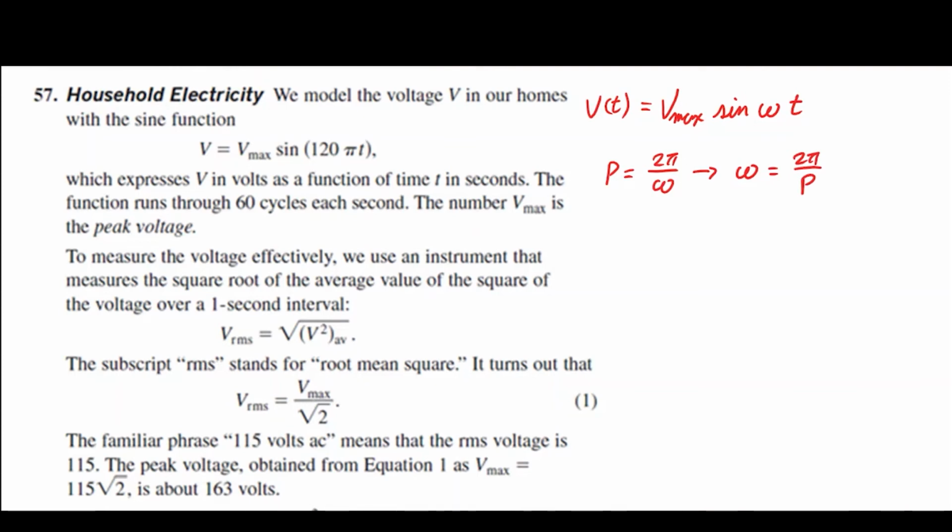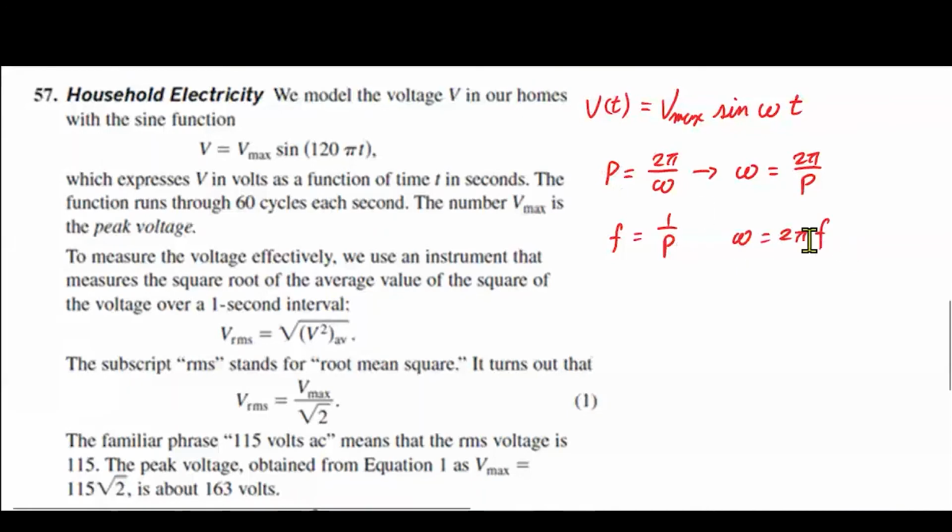Say yes. Now, let's see if you agree with this. Frequency meaning there are 60 cycles in 1 second. Therefore, the length of one cycle is 1/60 of a second. You get it? They are reciprocals. Good. Now, if you plug it in here, then omega becomes 2 pi times frequency.